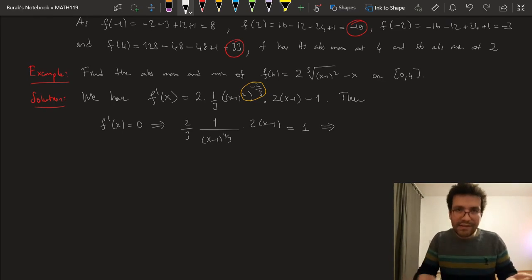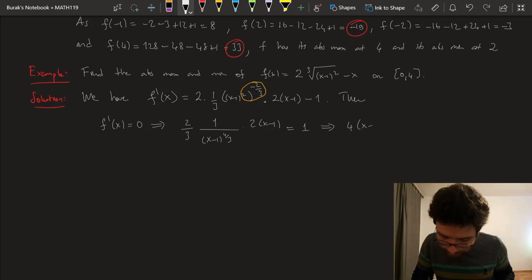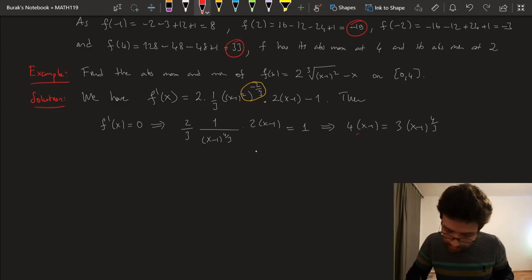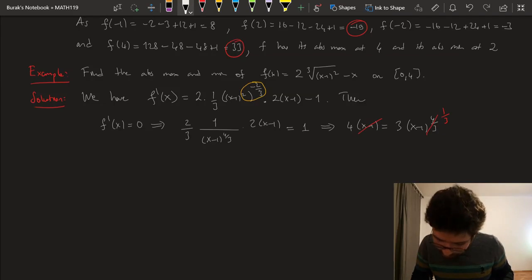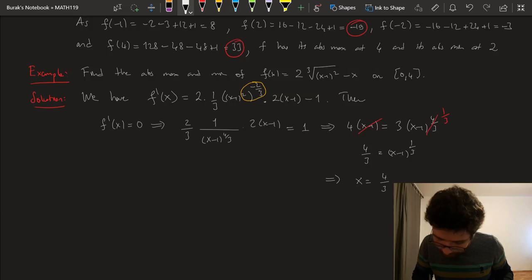Well, okay, if it is 0, this is not defined anyway, so I'm just multiplying both sides by this term, and then I'm going to get 4 times x minus 1 equals 3 times x minus 1 to the power 4/3, and then I am going to cancel this with this guy, and then this will give you 4/3 equals x minus 1 to the power 1/3, and from this you will get that x is 4/3 cubed plus 1.